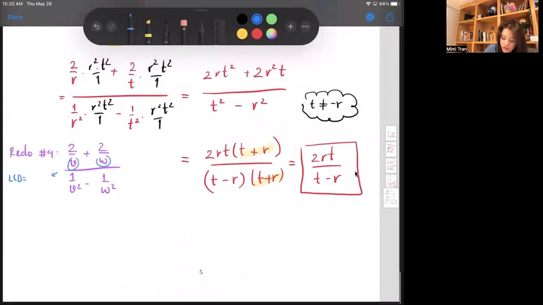V, W, V squared, W squared. It will be V squared W squared. So that means you're going to multiply the top and bottom by V squared W squared over 1. And now you distribute.